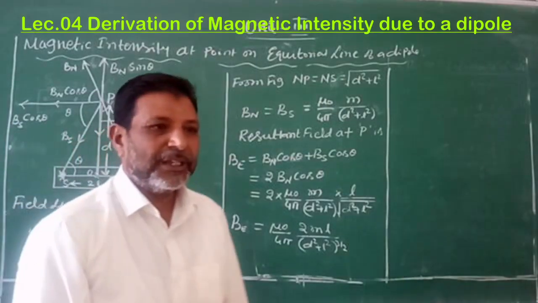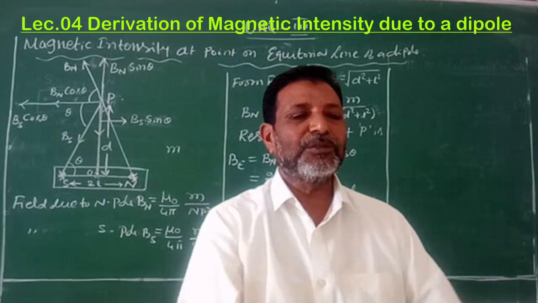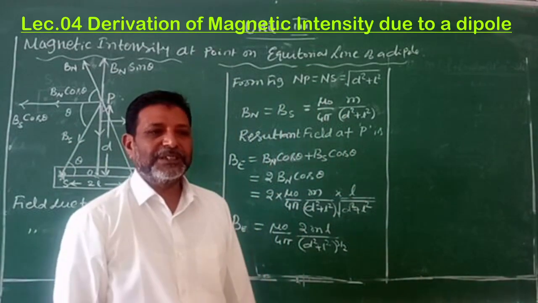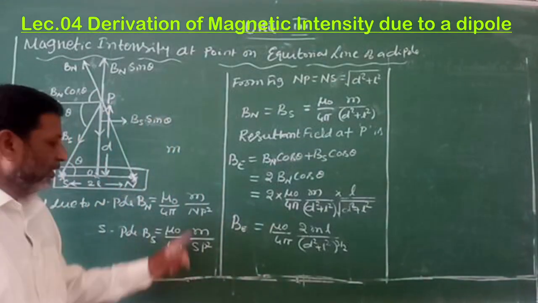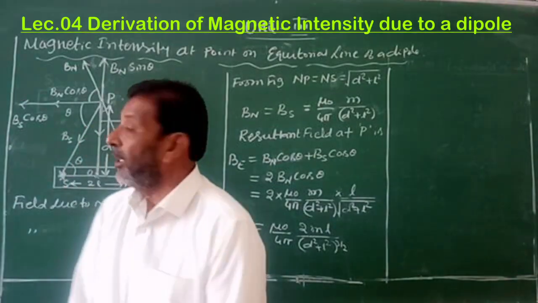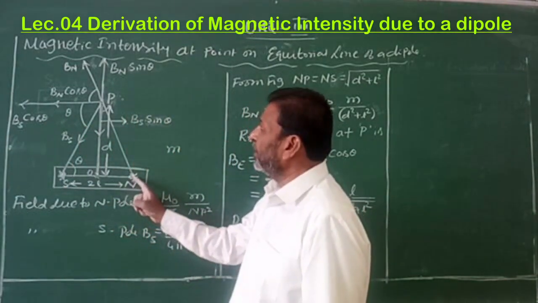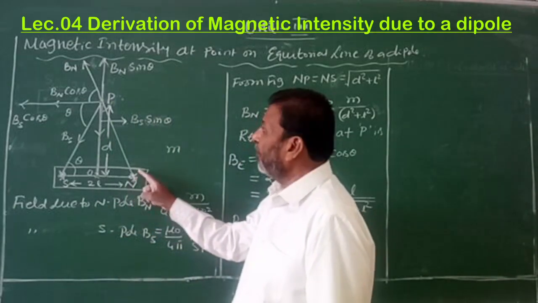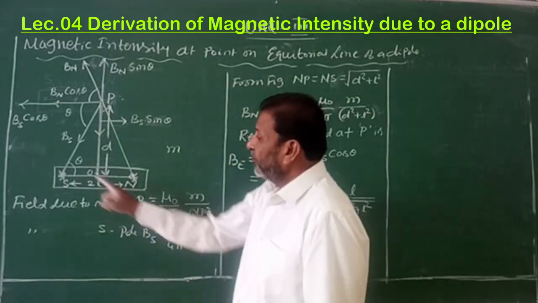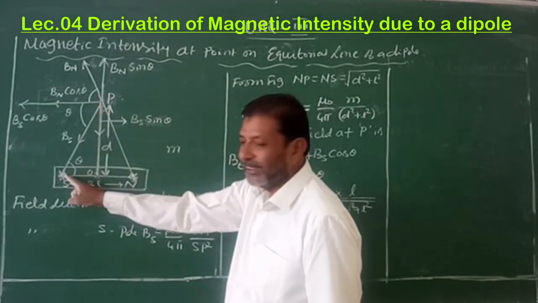And the next is that since this is a vector, which has magnitude and direction, this is giving the magnitudes. Then what about the directions?